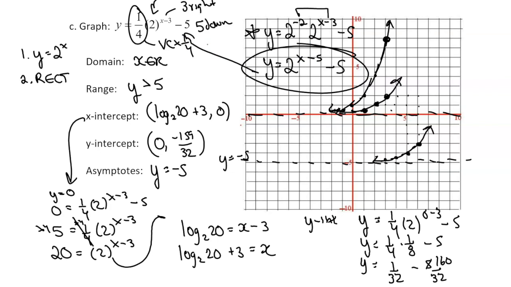So in other words, if you vertically compress an exponential function with a base of 2 by 1/4, it would be the same as shifting it 2 units to the right, because 2 to the -2 is the same as saying 1/4. And that's really, really interesting.